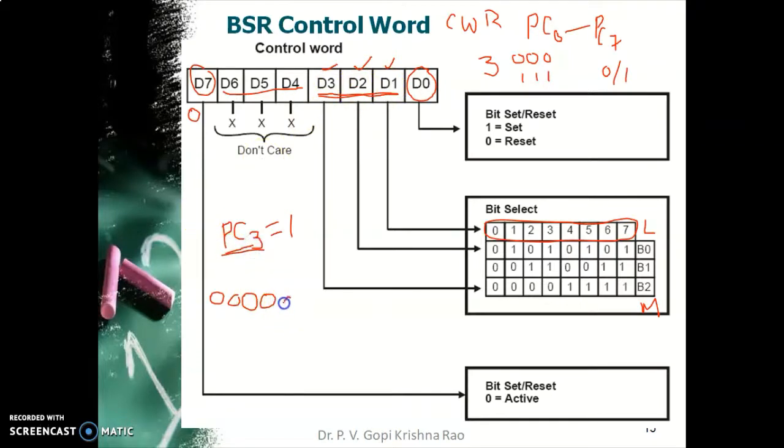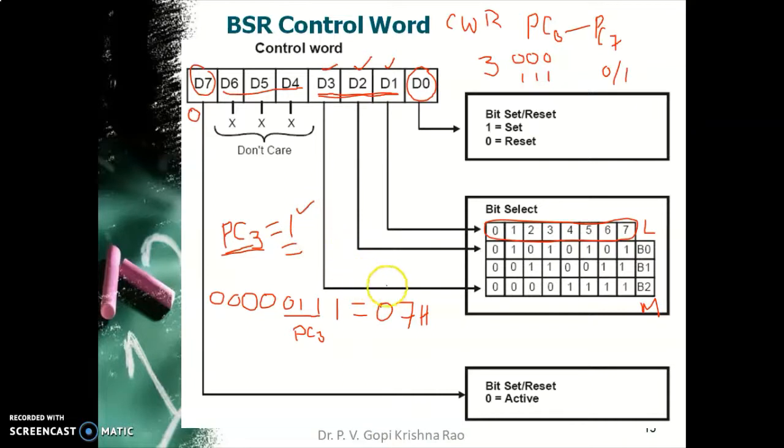So what will that be? 0, 1, 1. This is the bit selection, which selects PC3. Now I want to make this equal to 1, so your D0 bit should be equal to 1. So what is your control word? This is equal to 07. So when you send the control word 07, port C pin 3 will be set to 1.